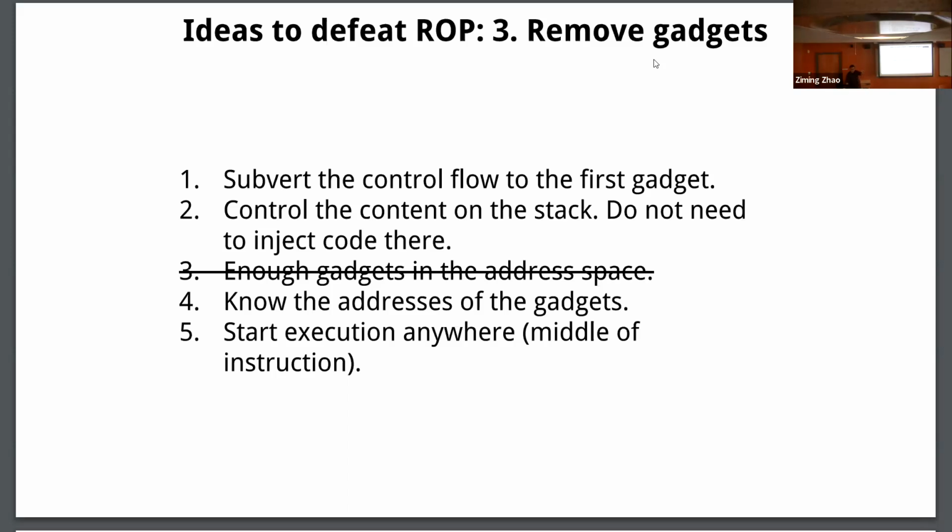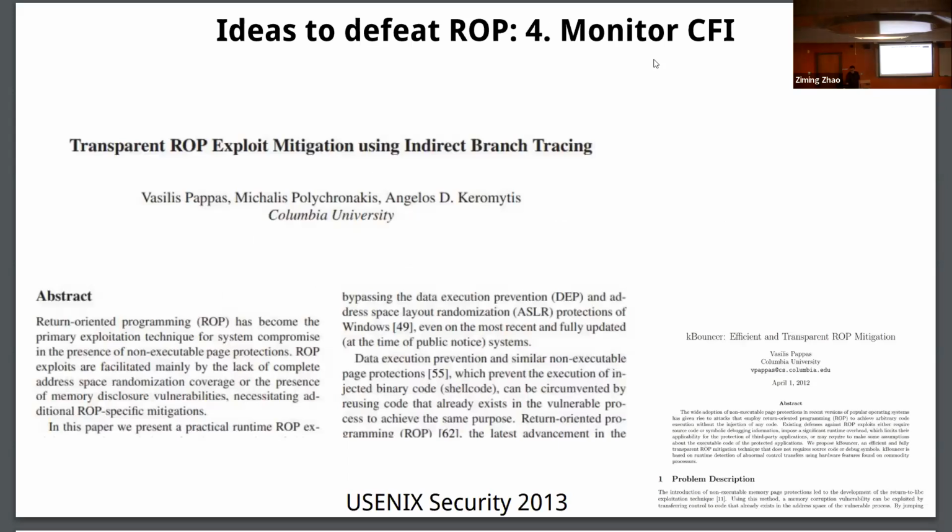So with this approach, we try to remove gadgets from the address space. Another approach is, instead of removing gadgets, we stop the attack as it happens. We just monitor the execution of the program.